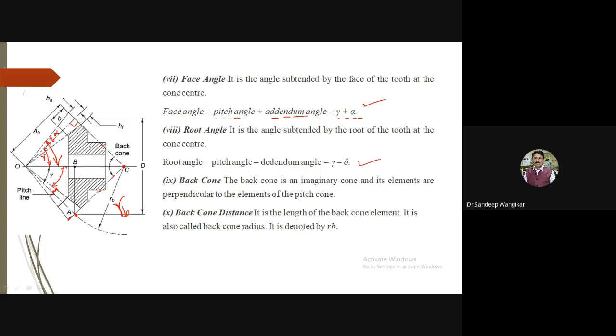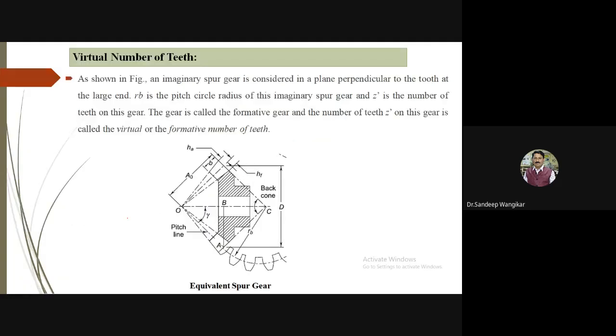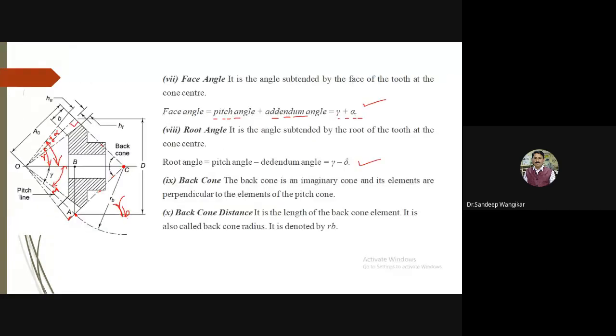So whatever the distance AC in the diagram, it is called the back cone distance. It is the length of the back cone element, and it is also called the back cone radius. Here we can say that it is denoted by RB, taking reference to the diagram. So this is about the terminology of bevel gear.